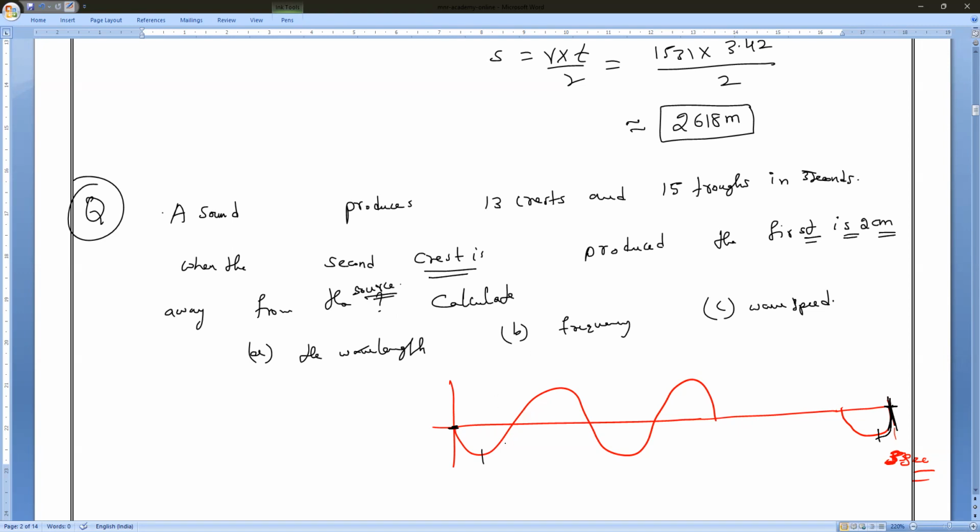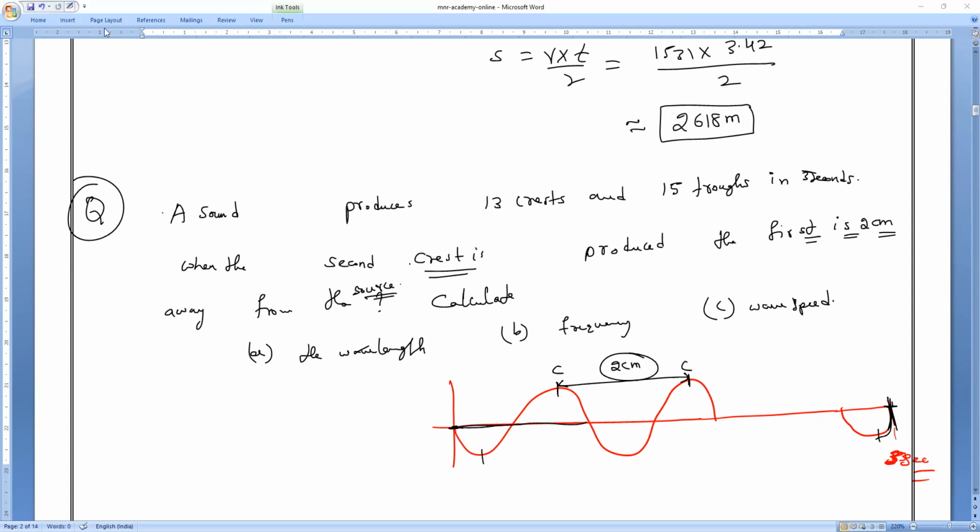The first crest, what is the total distance? When the second crest is produced, it means already the first crest is produced. So the second crest is 2 centimeter away from the first. Sir, wavelength. Yes. So that is only the wavelength.